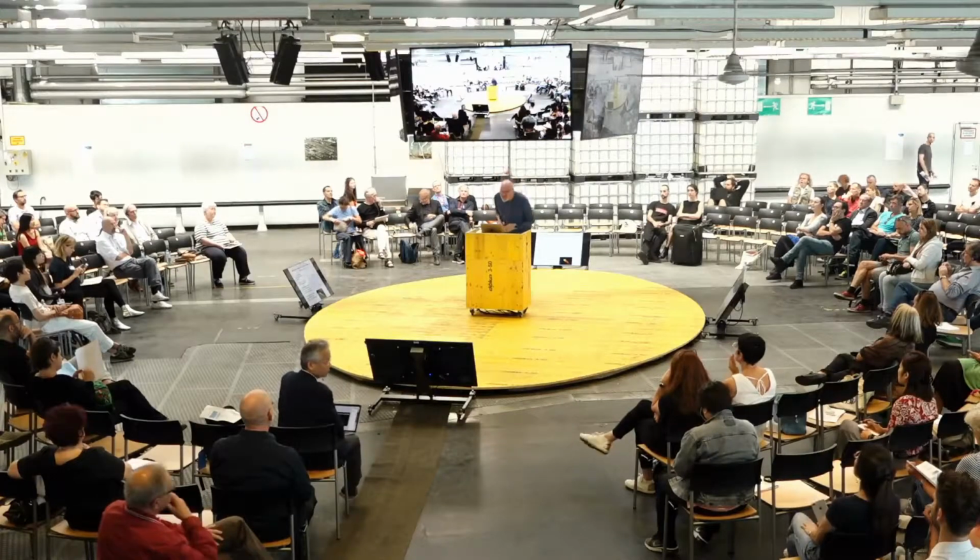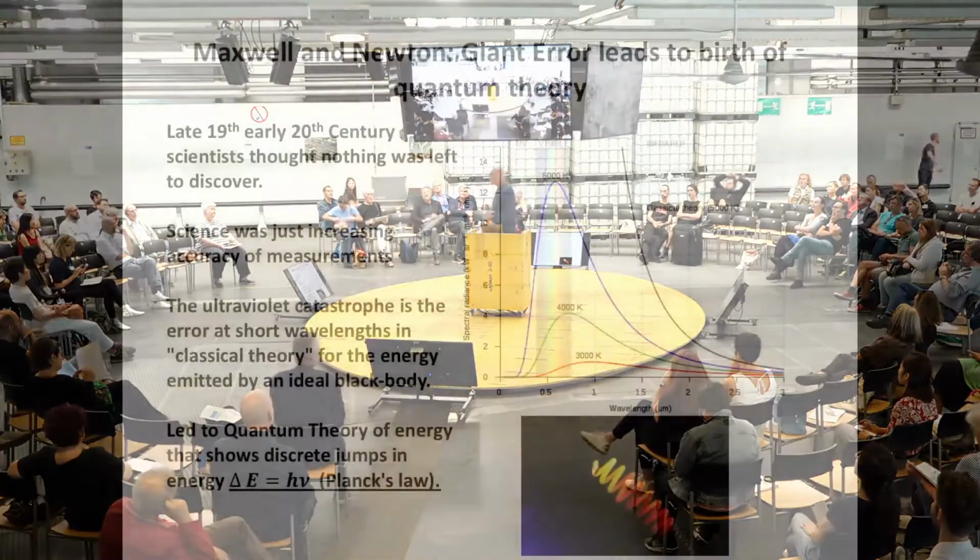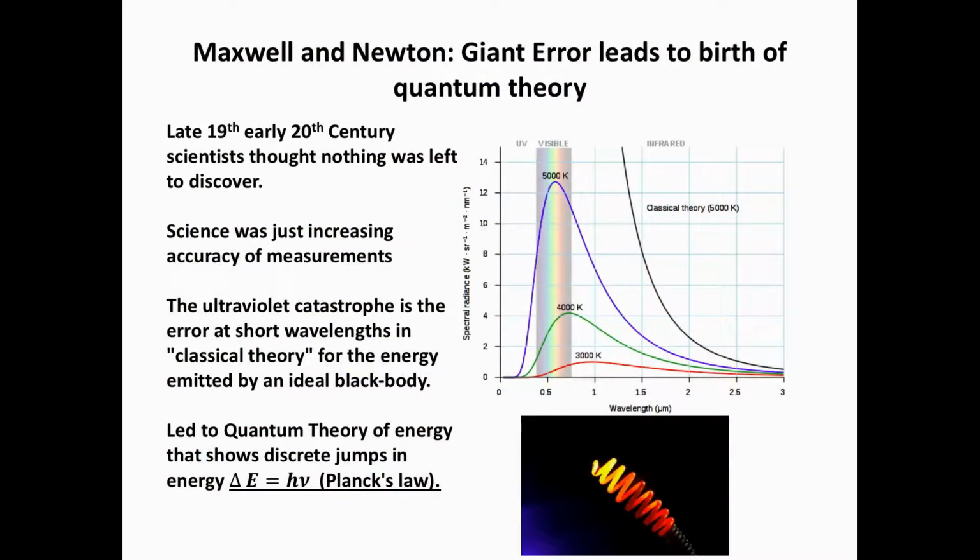What you see is a black curve that says classical theory, and then you see the bigger blue curve. And what happened was, at the end of the 19th century, Maxwell essentially had equations that described how waves worked, like light. And Newton had a bunch of theories that described how objects like balls flying through the air, or even molecules, worked.